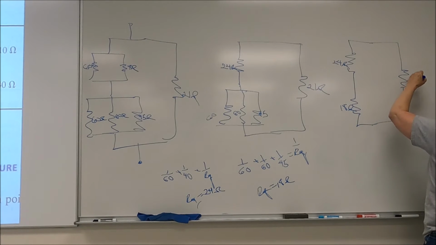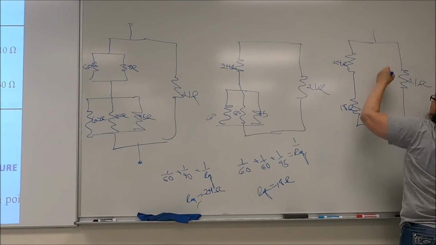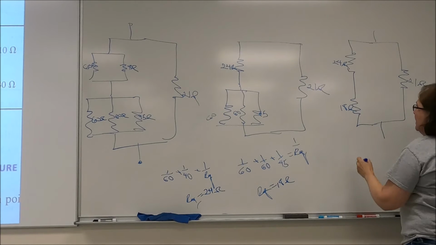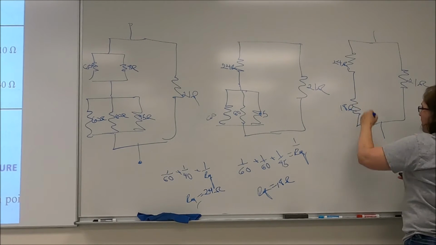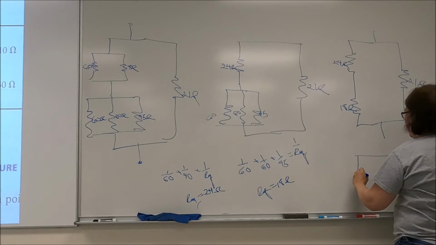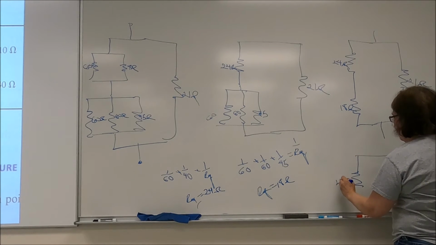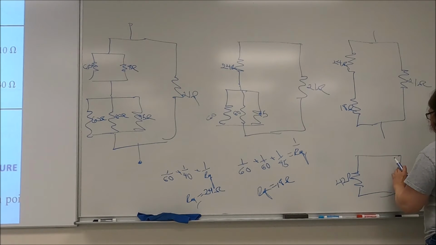And they're in parallel with a 21 ohm. So 18 plus 24, I can replace these with a single 42 ohm resistor, which is now in parallel with a 21 ohm resistor.